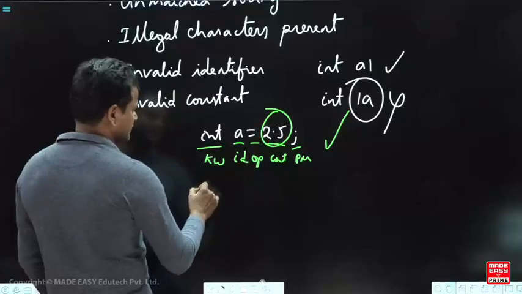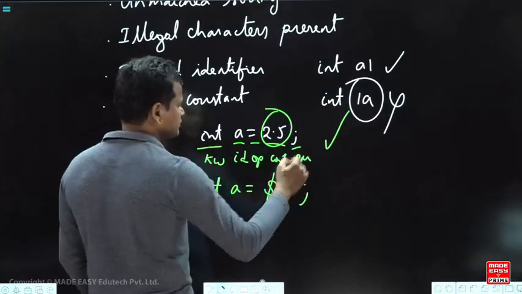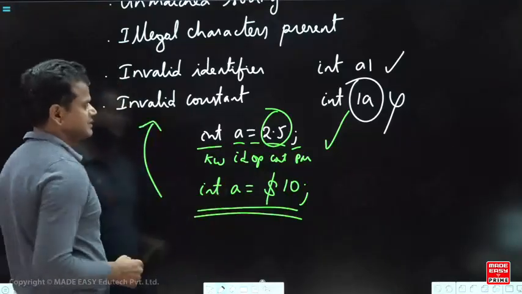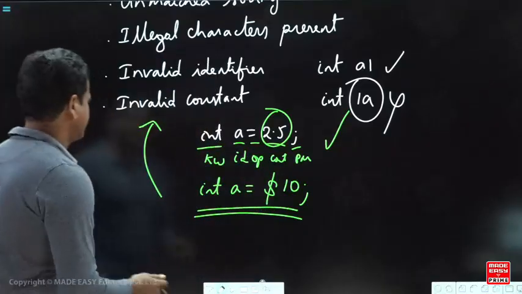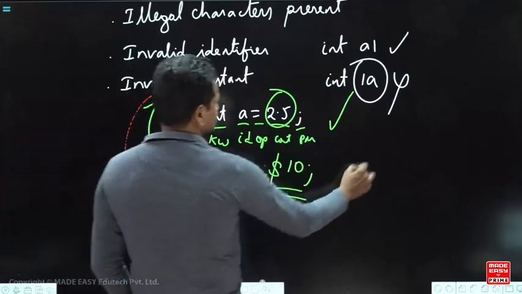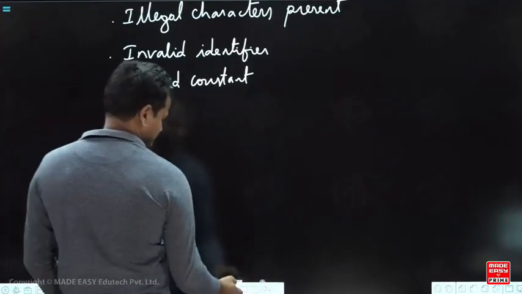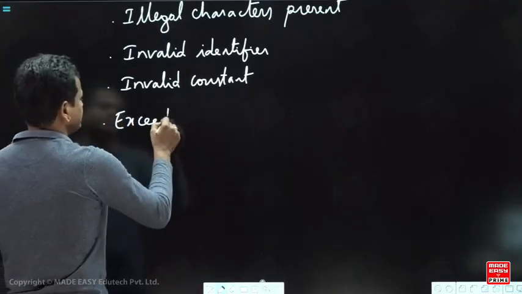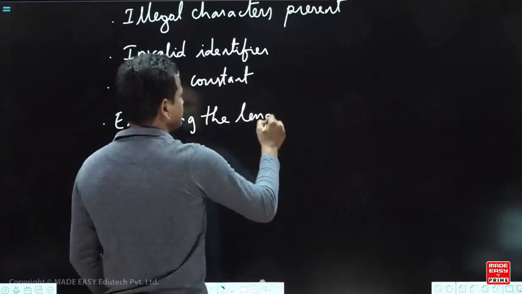Everything will be divided into tokens. At the same time, int a equal to $10: if you are using a special symbol like this, then it will throw invalid constant. Got it? Invalid constant. Next, exceeding the length of the identifier.